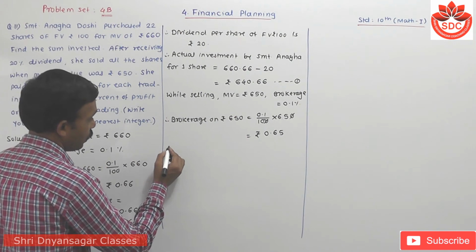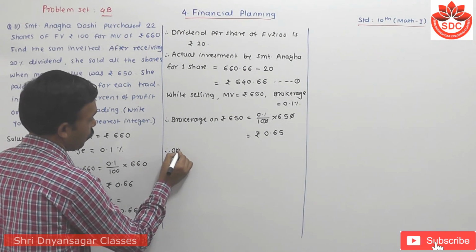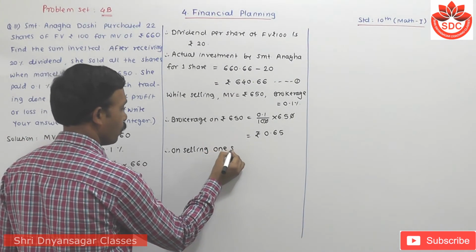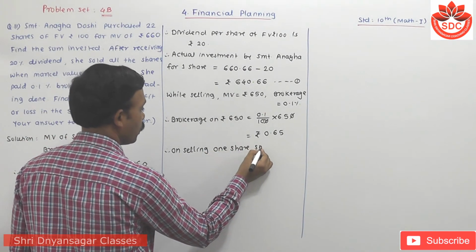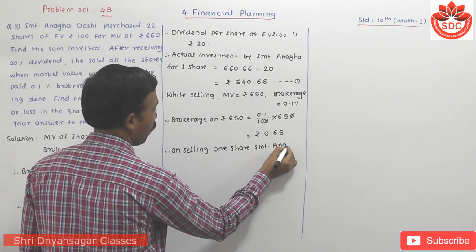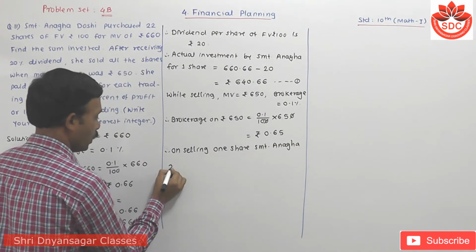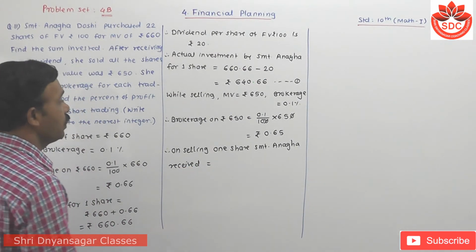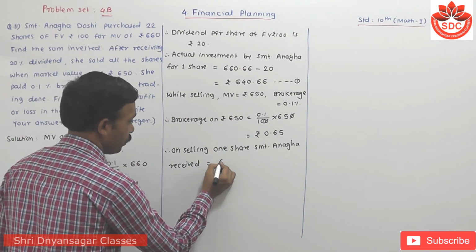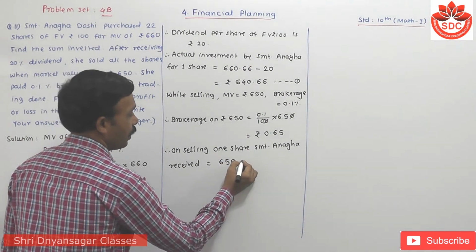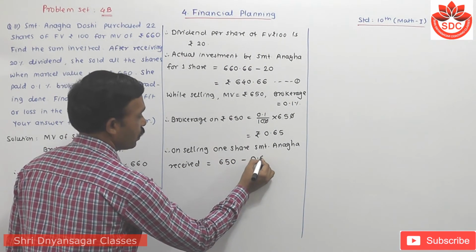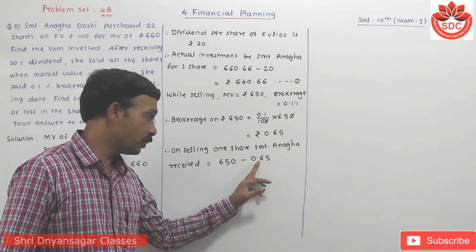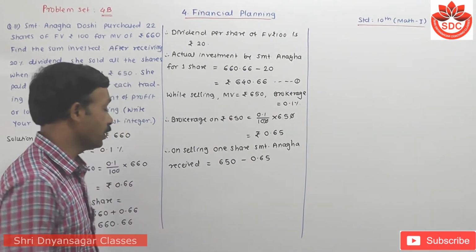Therefore, on selling one share, Srimati Anagha received an amount equal to 650 minus this 0.65. Means that you have to subtract 650.00 minus 0.65.